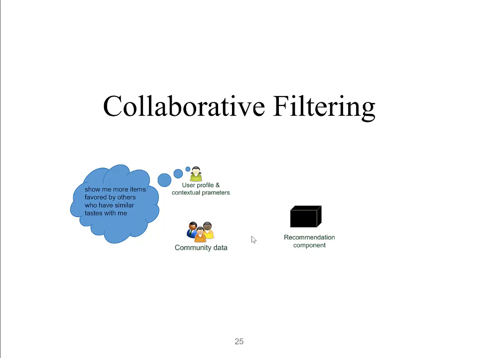The main idea, if we conclude it in one sentence, is: show me more items favored by others who have similar tastes to me. So you can think of it as focusing more on the tastes of other users, not the user itself.